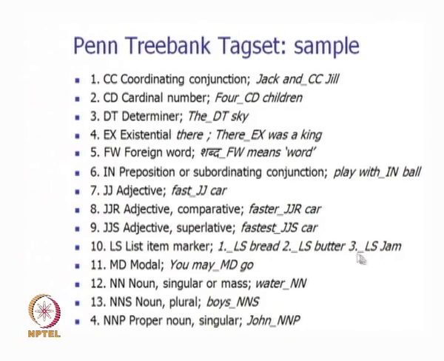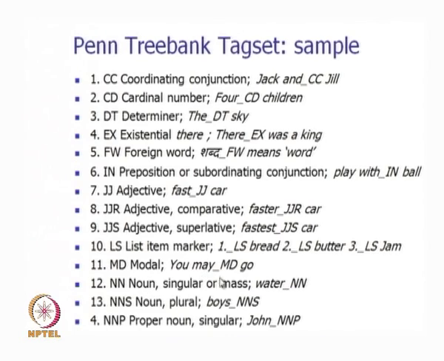For example, somebody is proposing to buy these grocery items, bread, butter and jam. The listing is given here: 1 bread, 2 butter, 3 jam. So, 1_LS, 2_LS, 3_LS, they are the tags for these list item markers. MD is the modal.